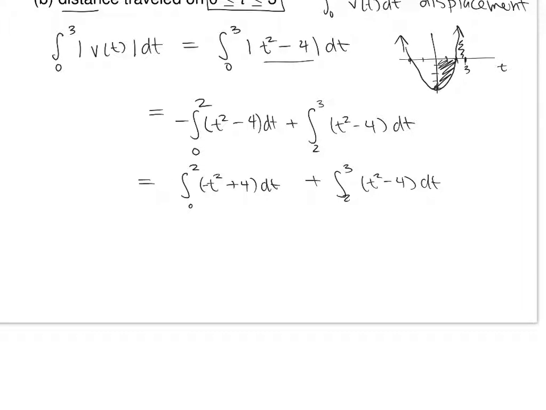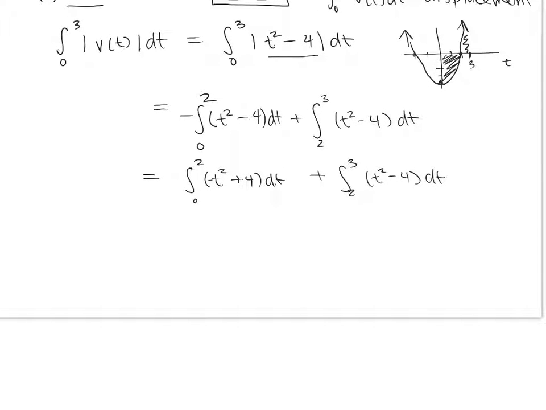And you can see that it might get kind of gross, right? A little bit. So that will be negative 1/3 t cubed plus 4t evaluated from 0 to 2 plus 1/3 t cubed minus 4t from 2 to 3.